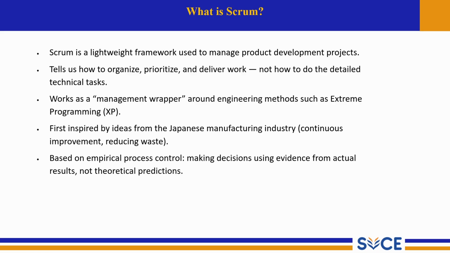Scrum is a lightweight framework used to manage a product development project. That means how to organize, prioritize and deliver the work, not how to do the detailed technical tasks. It works as a management wrapper around engineering methods such as extreme programming.